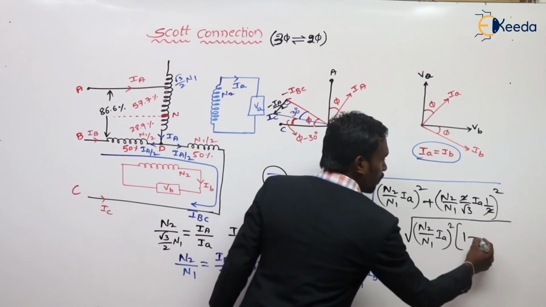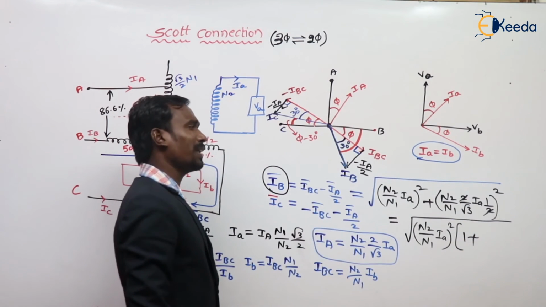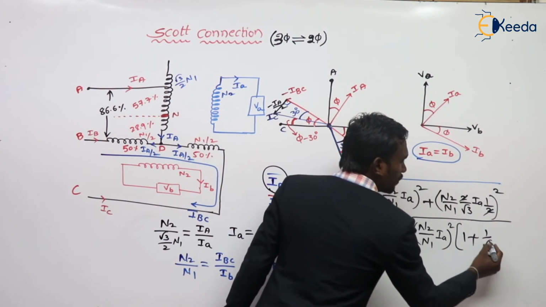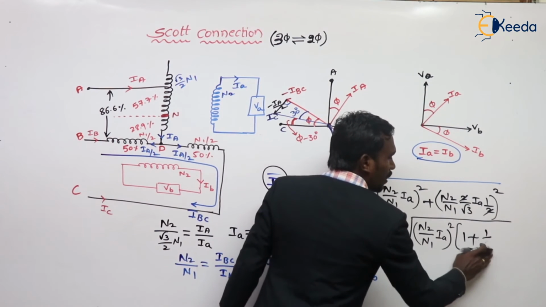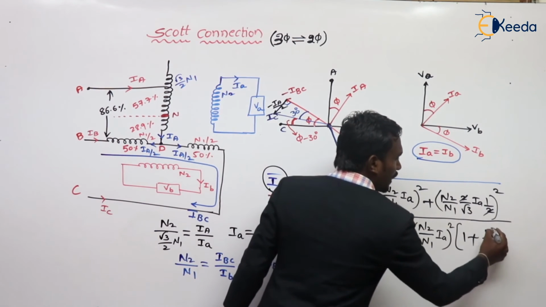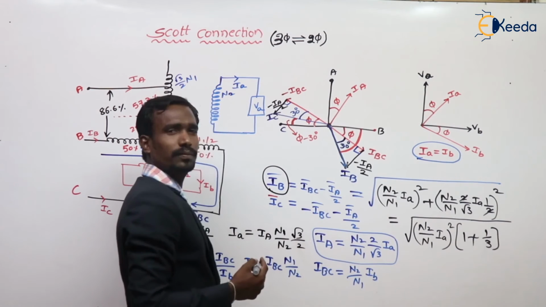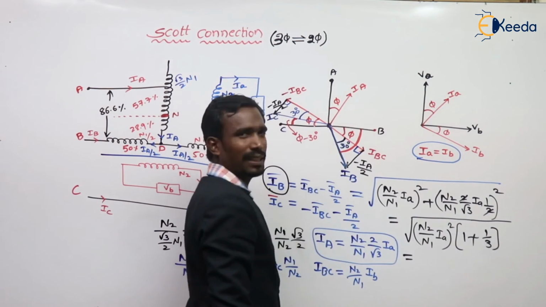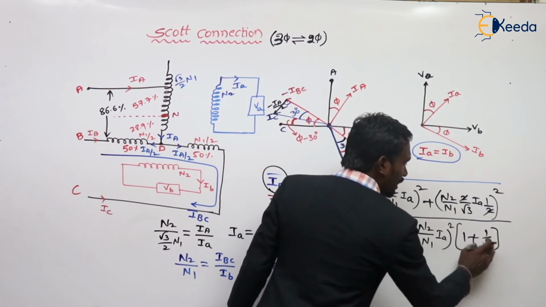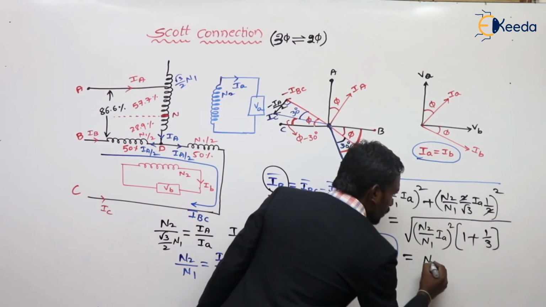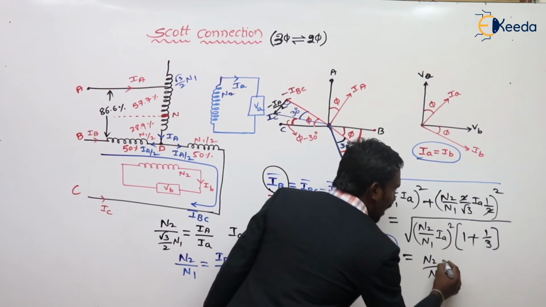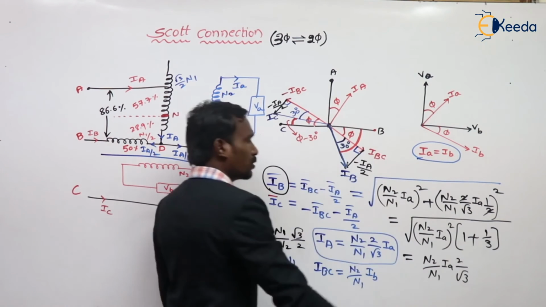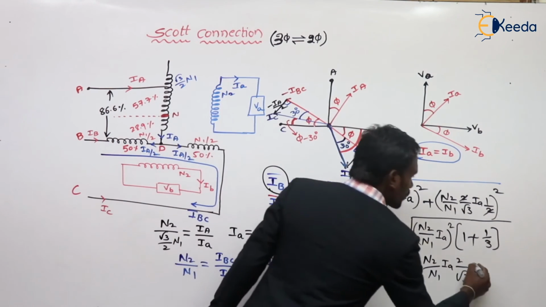So this is 1 plus, how much is there? 1 by root 3 square, which is 1 by 3. Now what is the answer? 1 plus 1 by 3 is 4 by 3. So N2 by N1 IA times 2 by root 3, 4 by 3 is 2 by root 3. This is equal to IB.